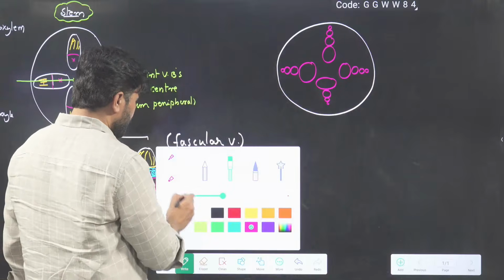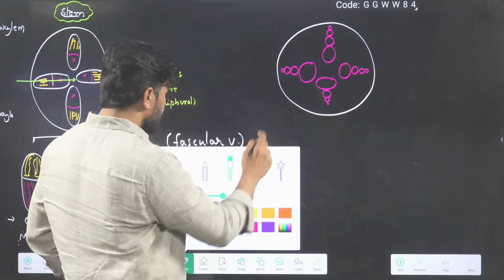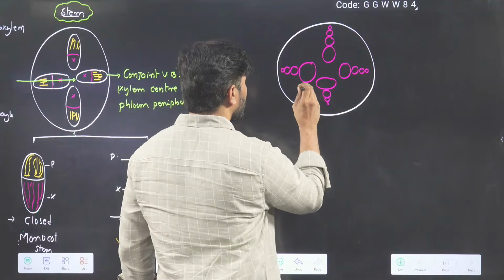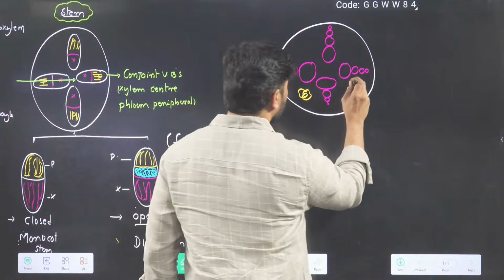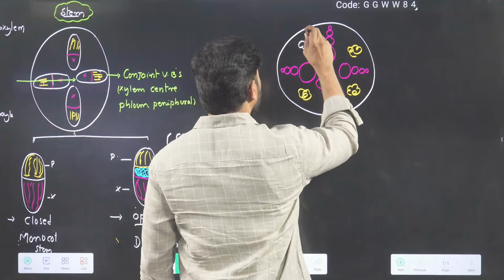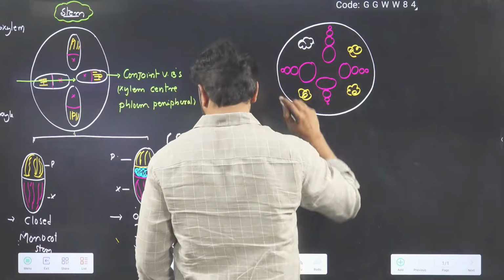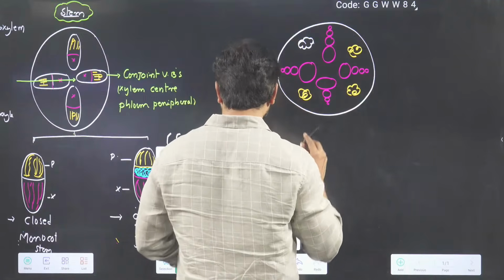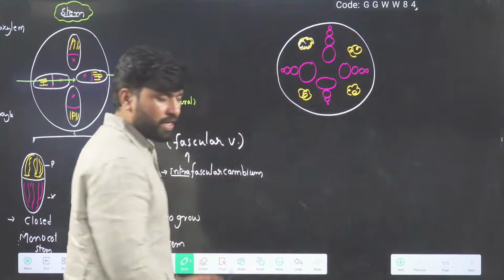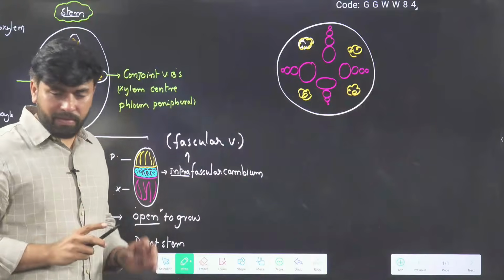If so, observe, this is xylem. Only xylem is not sufficient, right? There will also be presence of phloem. This is phloem tissue. Here you can see that when you have xylem and phloem, they are not connected. They are not at all connected.